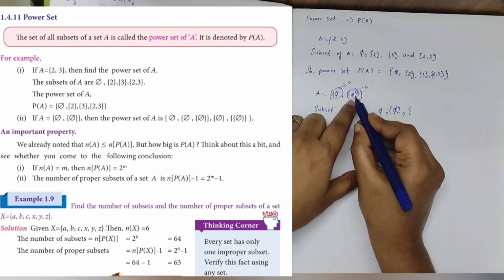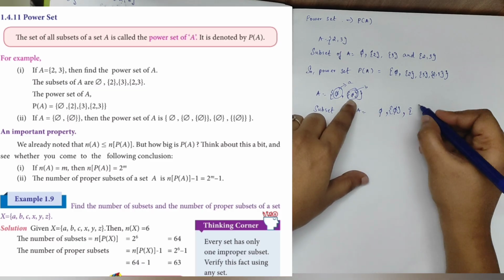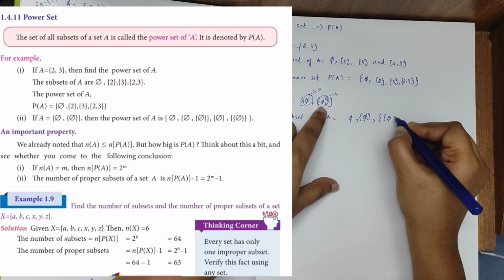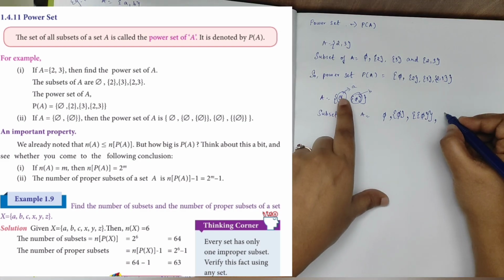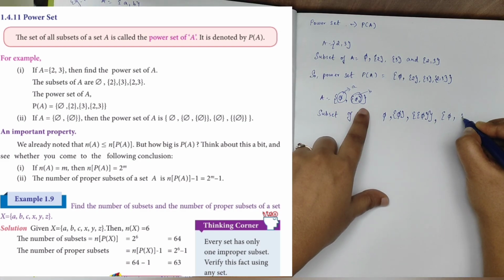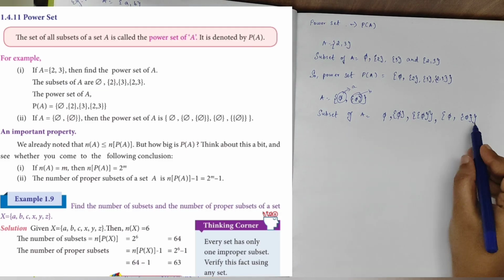Then take the second element, then write both the elements together. So this is the subset of A.